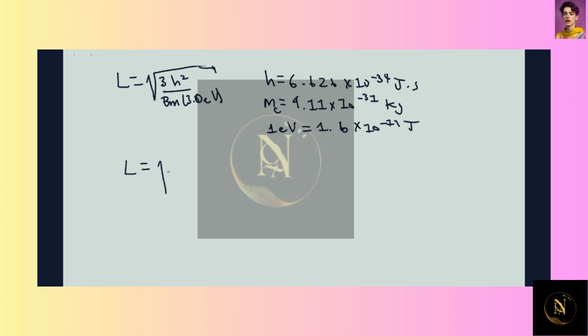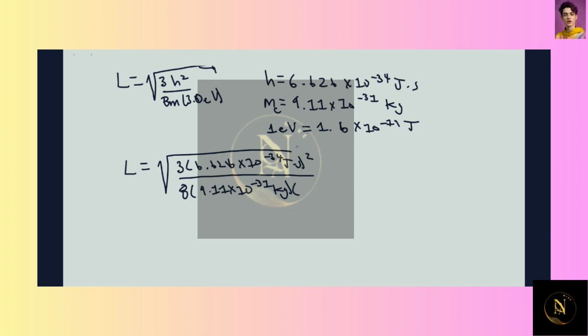We get L is equal to the square root of 3 times 6.626 times 10 to the minus 34 joule seconds squared, divided by 8 times 9.11 times 10 to the minus 31 kilograms times 3.0 electron volts times 1.6 times 10 to the minus 19 joules per electron volt.